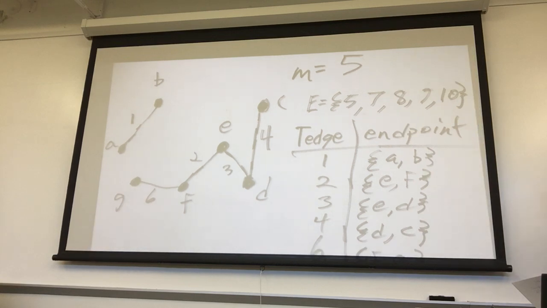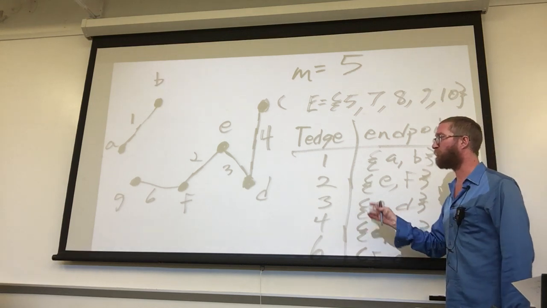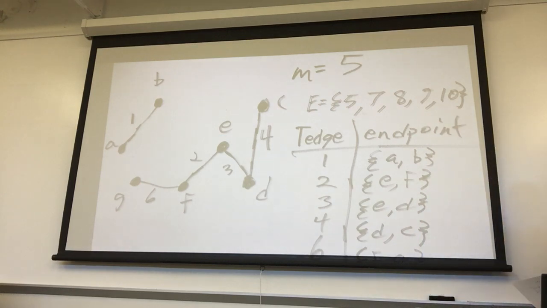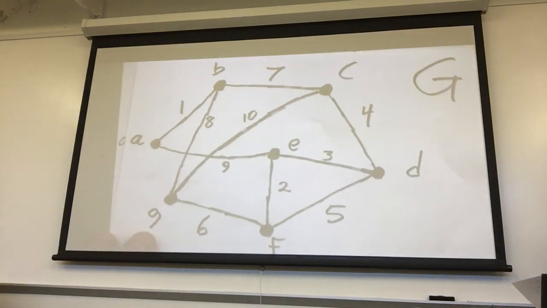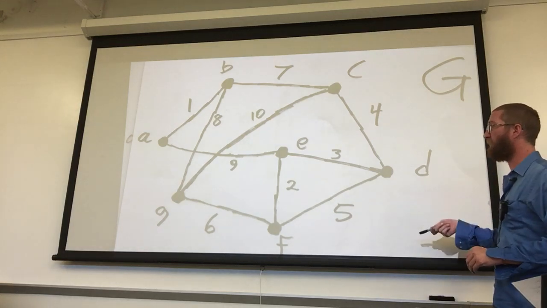So we have to look back at our original graph and say, okay, I've deleted 1, 2, 3, 4, and 6 from this. I only have 5, 7, 8, 9, 10. And then I have to ask myself, what is the next least weight? Well, if I've already deleted 1, 2, 3, 4, I can't use 5.